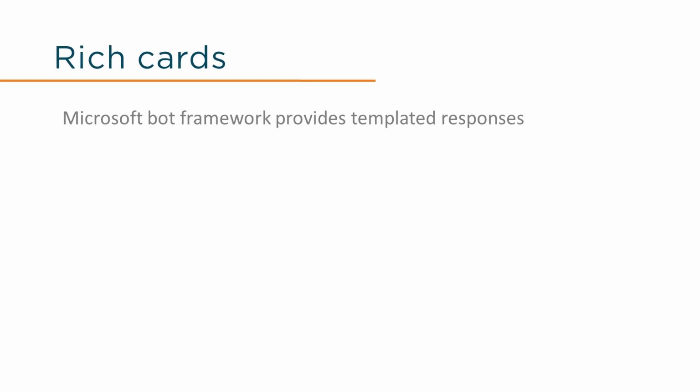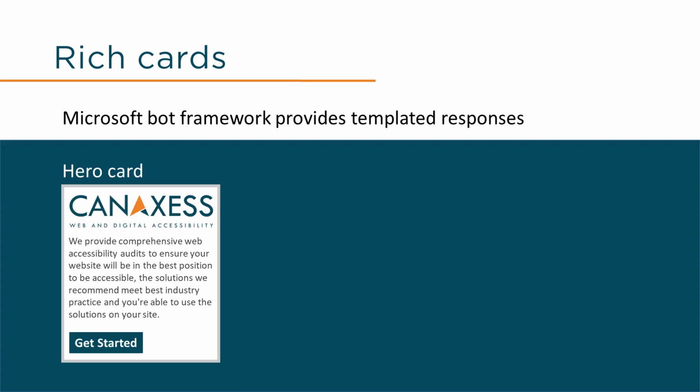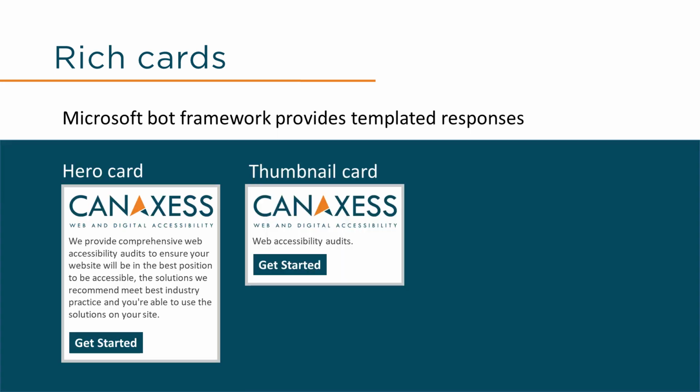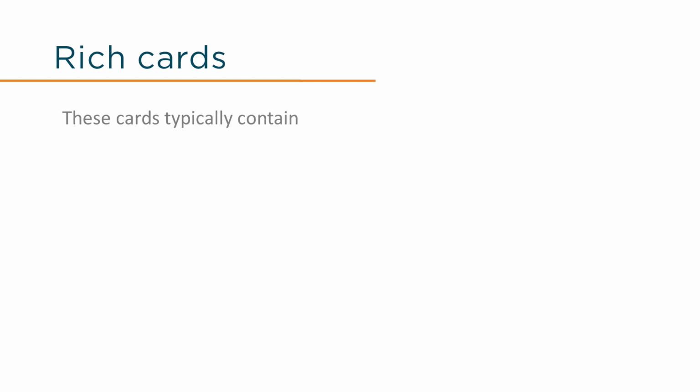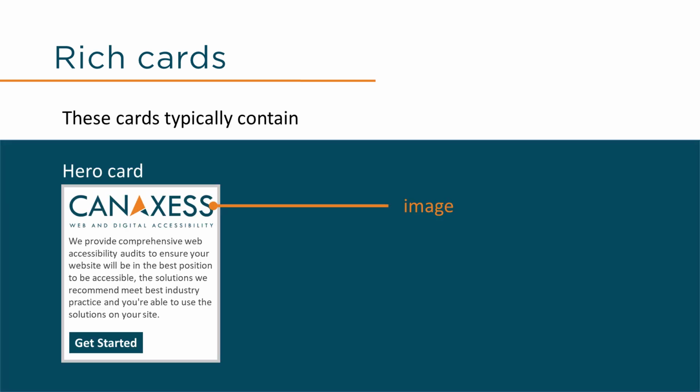One such bot framework from Microsoft returns rich cards, which allow a bot to reply in one of 7 templated card types, including hero cards, thumbnail cards, and video cards. These cards typically contain an image, a text, and a button.